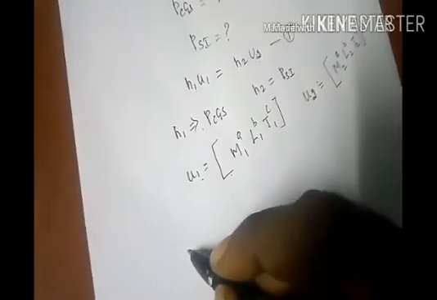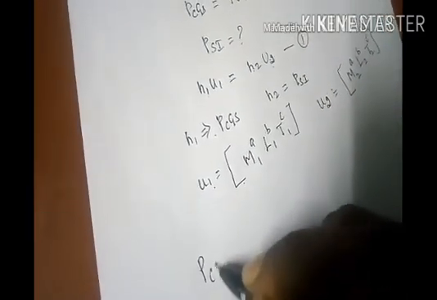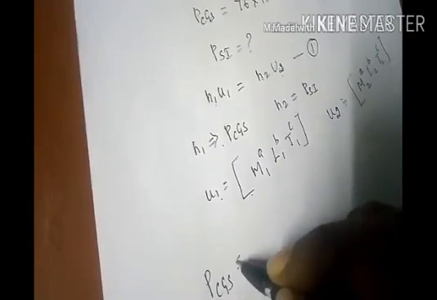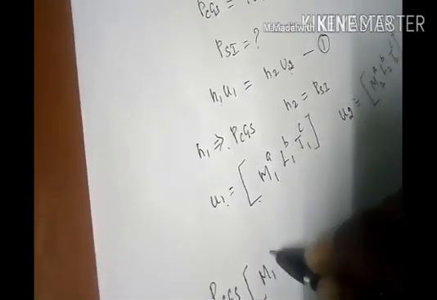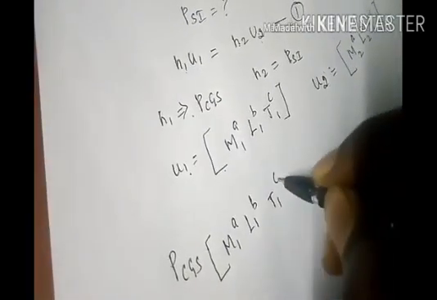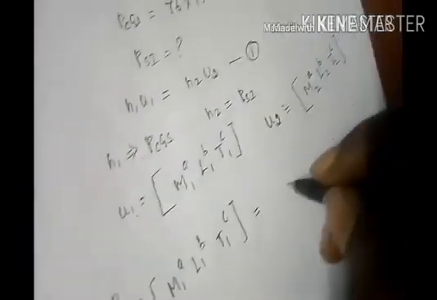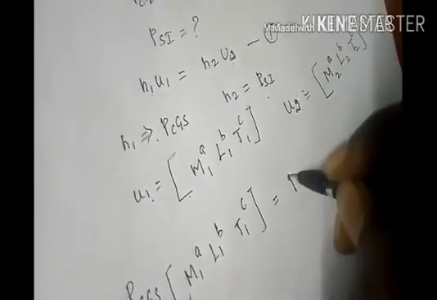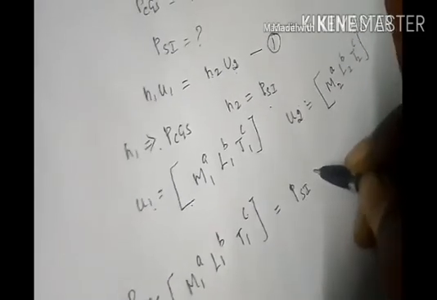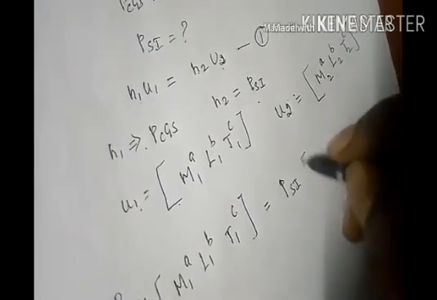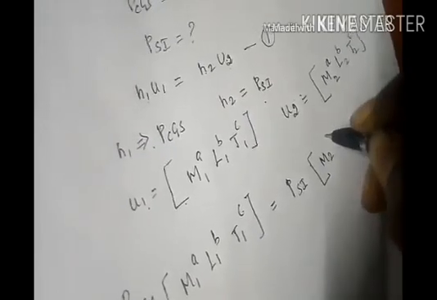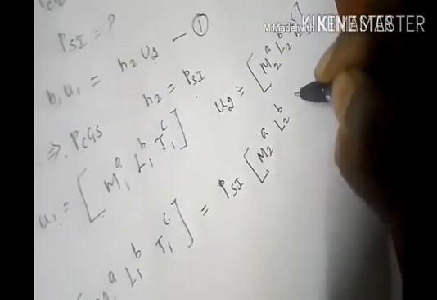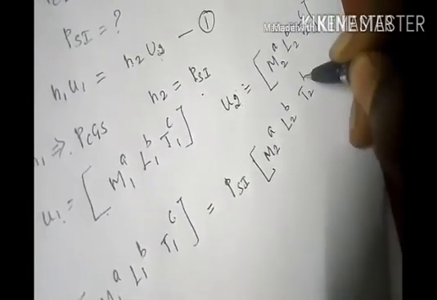So N1, the pressure in CGS, into U1, the dimension M1 power a, L1 power b, T1 power c, equals N2, the pressure in SI system, into U2, the dimension M2 power a, L2 power b, T2 power c.